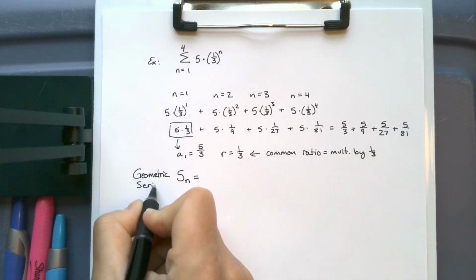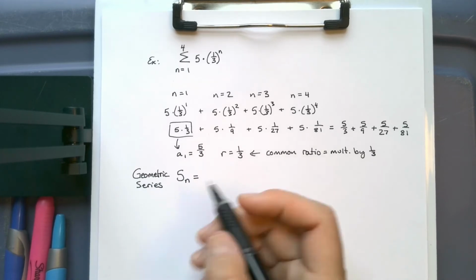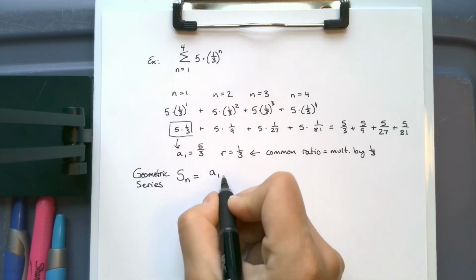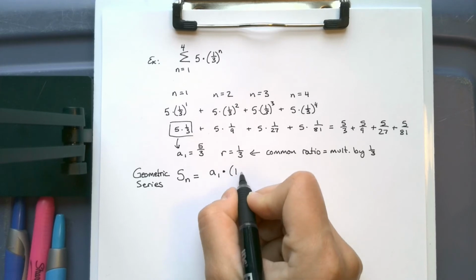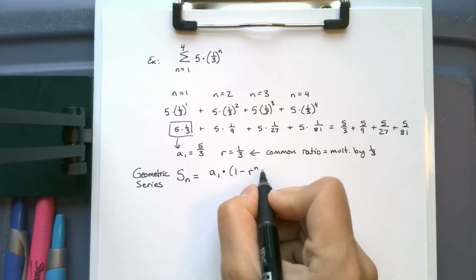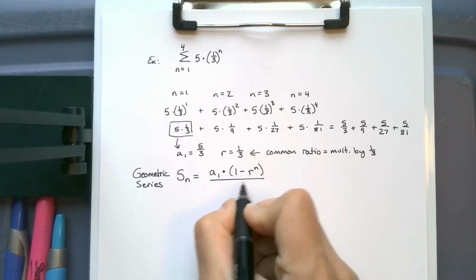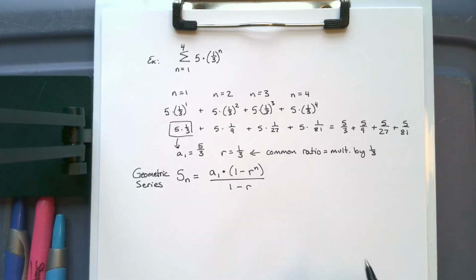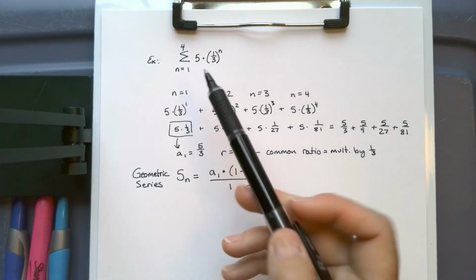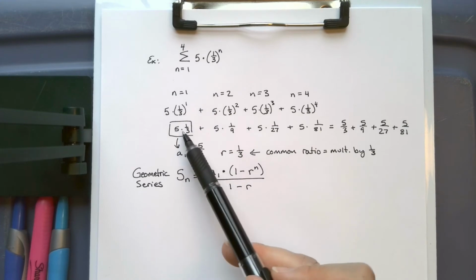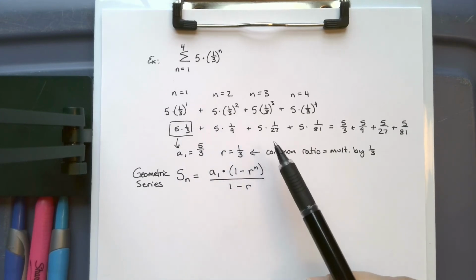Geometric series has a sum formula of the first term times 1 minus r to the n, all over 1 minus r.